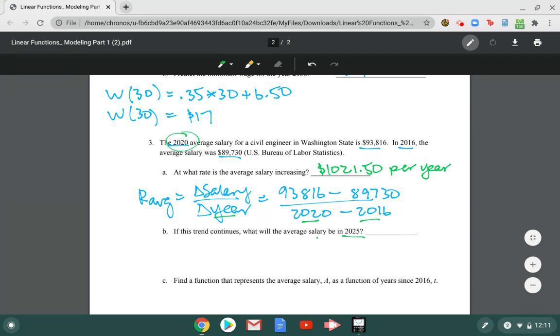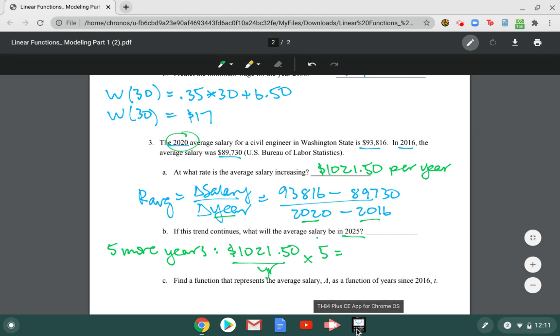We're really going 5 more years, right? This is a great way to do it. If I'm increasing 1,021.50 per year, I can multiply this by 5 more years.